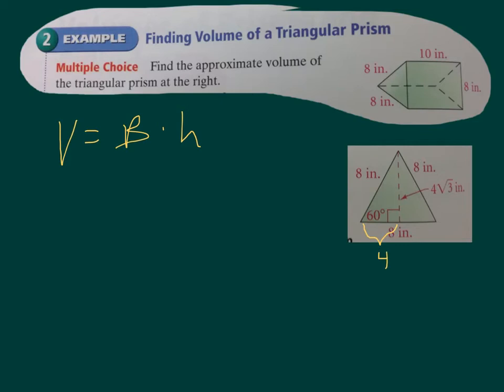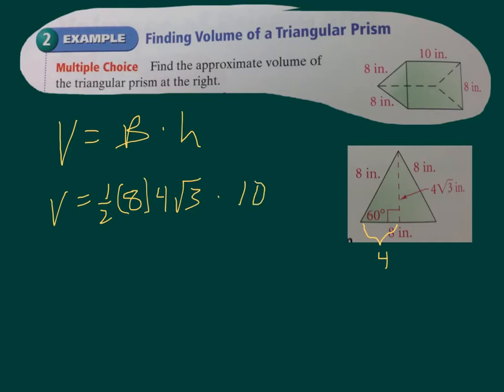So the area of the base is going to be the area of a triangle, which is 1/2 base, which is 8, times the height, which is 4 times the square root of 3. That's the height of the triangle, times the height of the prism, which is 10.